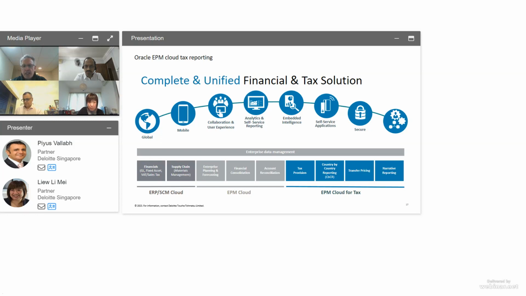They manage their metadata, their entities, their accounts within the tax team. And then, of course, the application is global, accessed through a browser, and can be accessed on a pad or on your phone. There are collaboration points and an enhanced user experience.